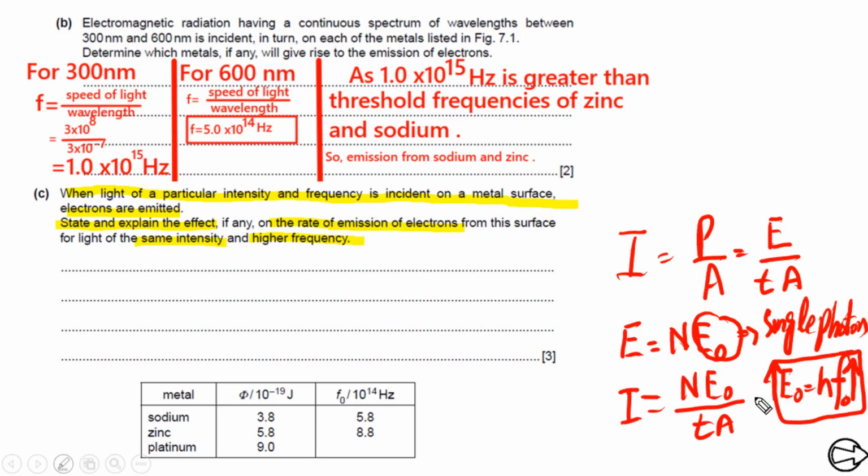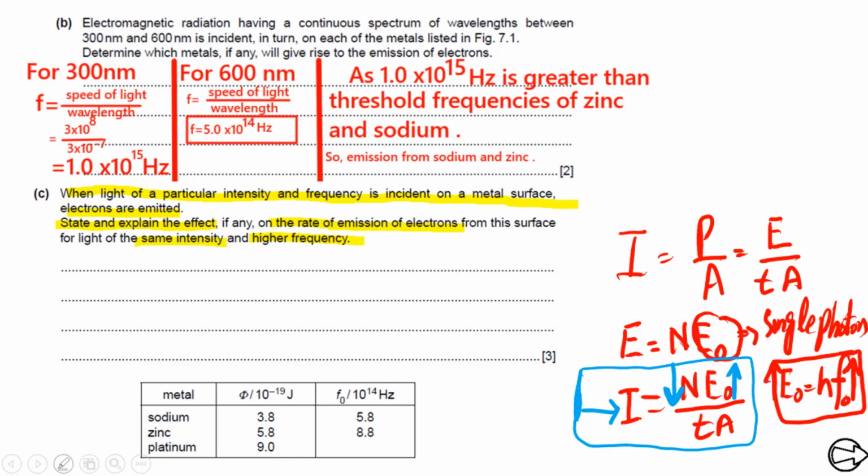We can also say that if we increase this energy but we are not changing the intensity, what is the effect on the number of photons? It simply means that the number of photons will go down. So this is the main idea that we need to understand. If we understand this one, we can simply answer this question.